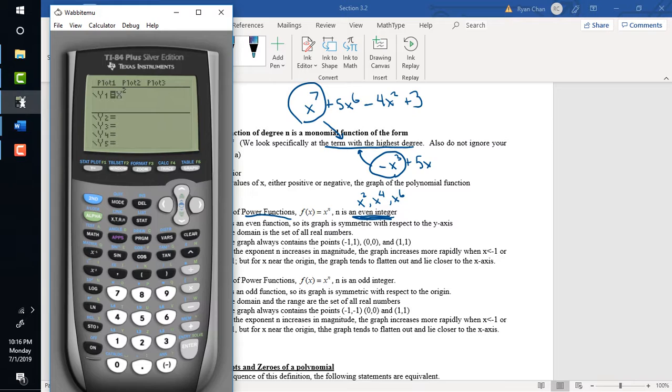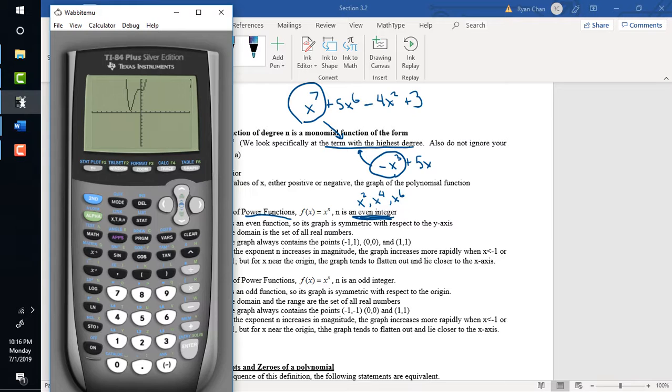But now if I have something like x to the 4th plus 3x cubed minus x plus 7, I'm just making this up.